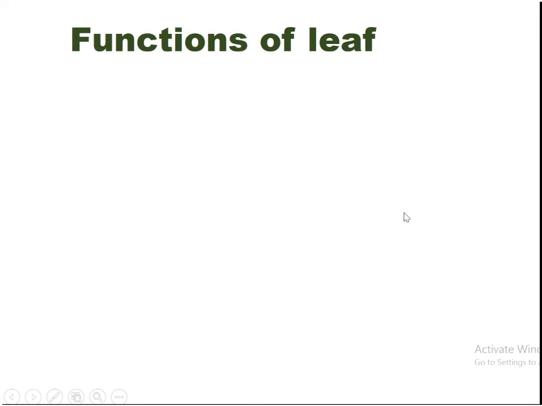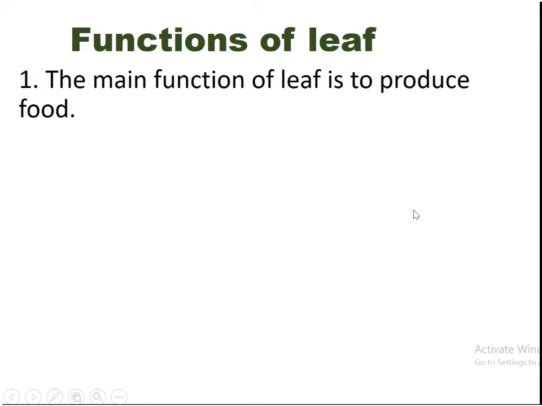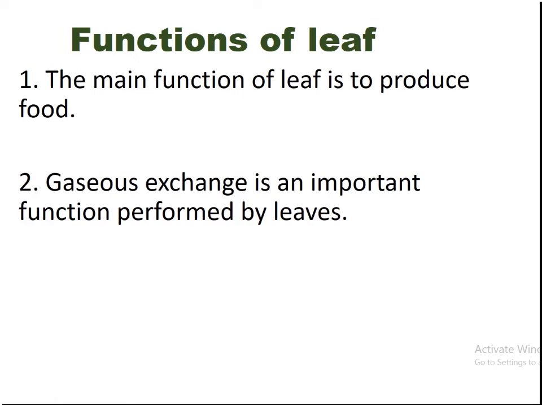Okay, now let's learn about the functions of a leaf. The main function of a leaf is to produce food through photosynthesis. Another function is gaseous exchange, and this is an important function because during respiration plants take in oxygen and give out carbon dioxide. Again, when the leaf manufactures food, it consumes carbon dioxide and gives out oxygen, and all this gaseous exchange is performed by leaves.